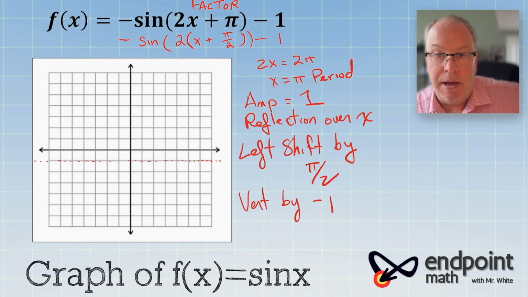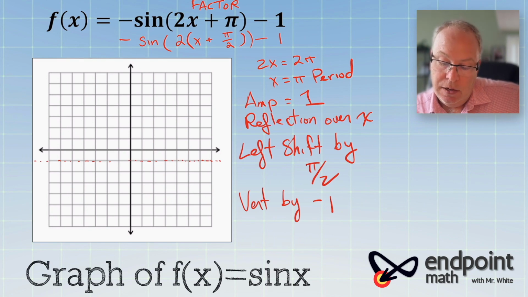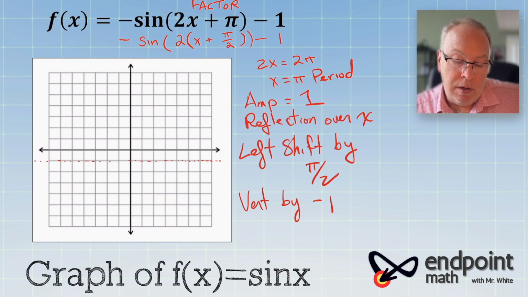We got to figure out where that first dot goes. So let's think about this. Normally it would be right here, but it's going to be shifted to the left by pi over 2. So I'm going to call this -pi over 2.